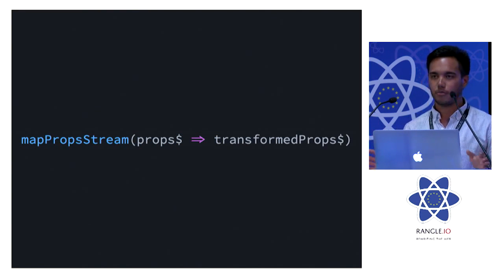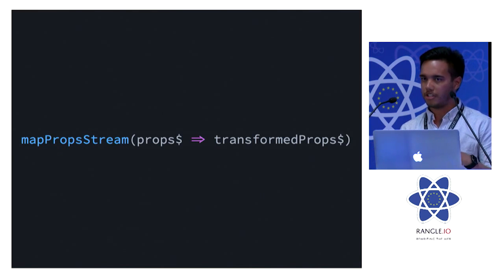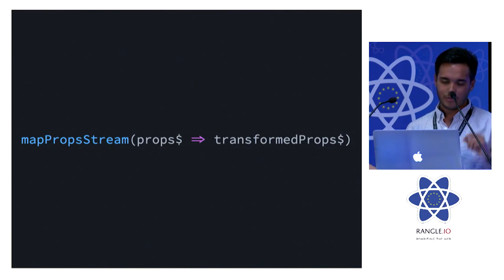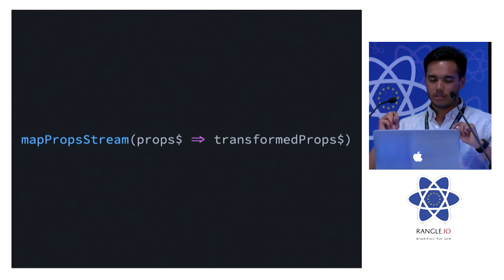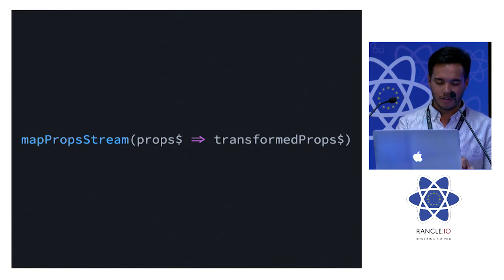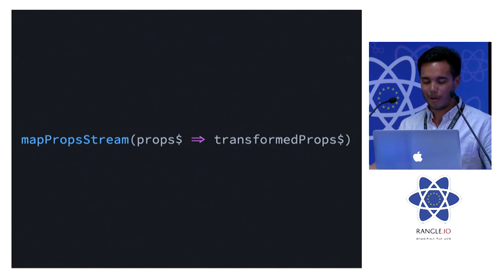Before I explain how this works, because it seems kind of weird how you're able to fuse components together, I need to introduce you to my favorite Recompose helper, which is mapPropsStream. Now this is a higher order component that defines its behavior by transforming a stream that represents the props received from the owner into a stream of props to be sent to the wrapped component.